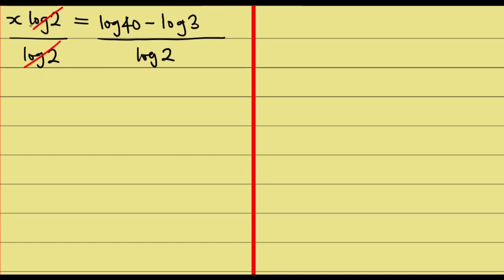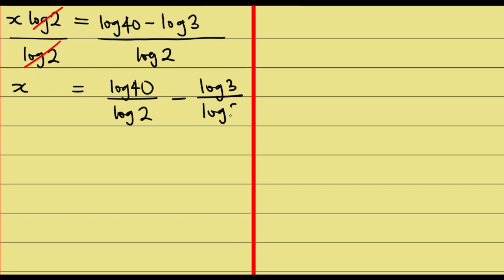We have the x that we need at the left hand side, then we have both of these at the right hand side. Therefore, x is equal to log of 40 divided by log of 2, minus log of 3 divided by log of 2, because this denominator is going to split into 2 as it is written exactly here.